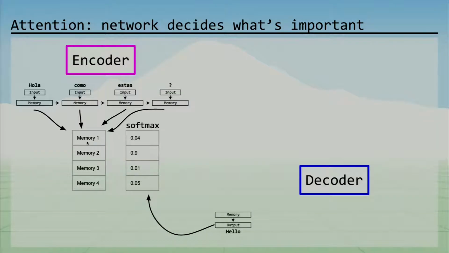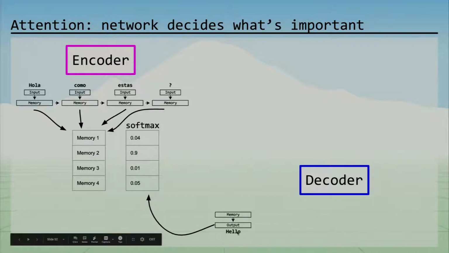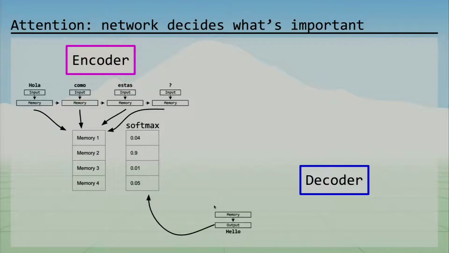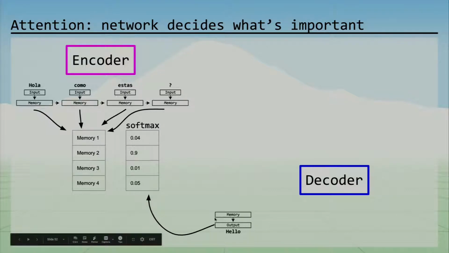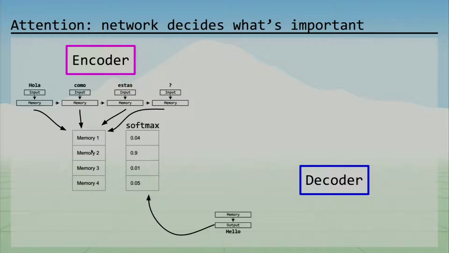And then when our decoder is doing its processing, at every given step it will produce some output for what the current word is, for example, but it'll also produce a softmax over our memory context, or all of the memory states of the encoder.